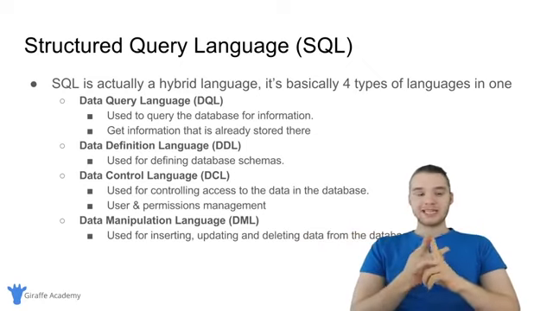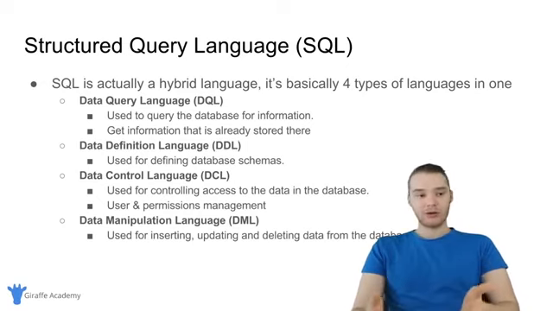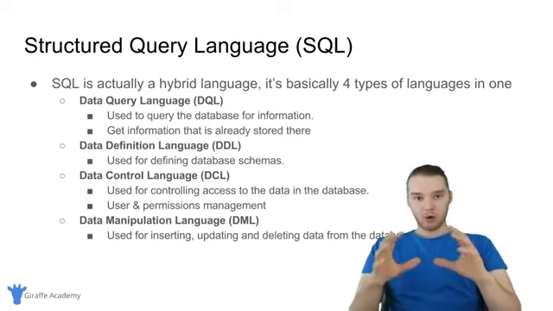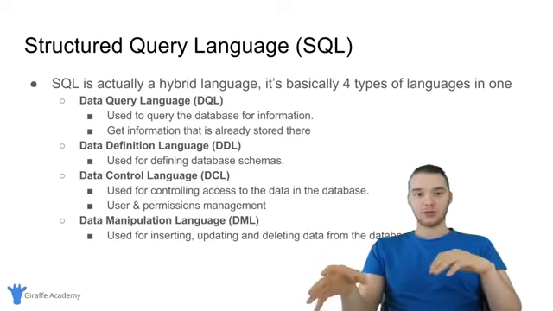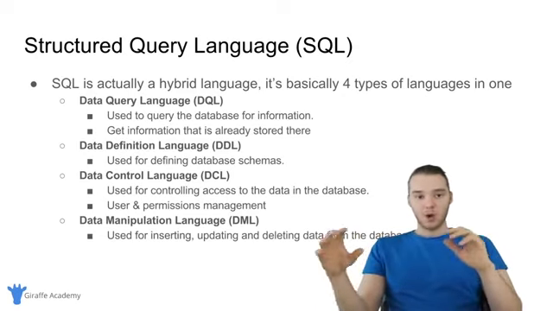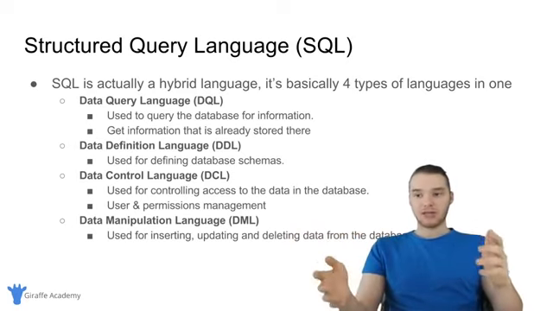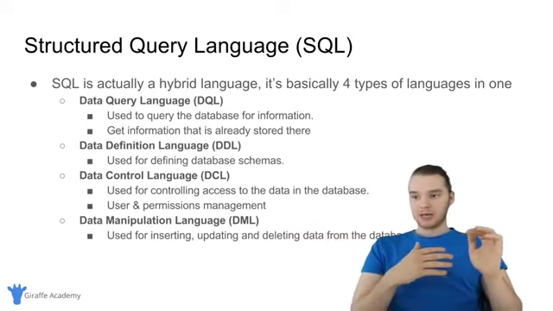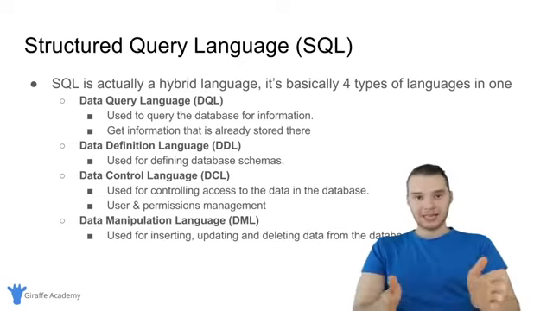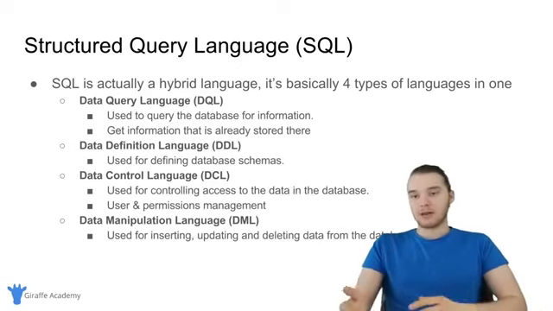SQL is a data query language, which means it can be used to query the database for information. So you can write queries in SQL which tell the relational database management system what pieces of information you want to get from the database. And so a data query language is used to get data that's already stored in the database.